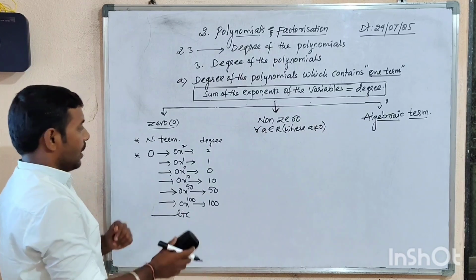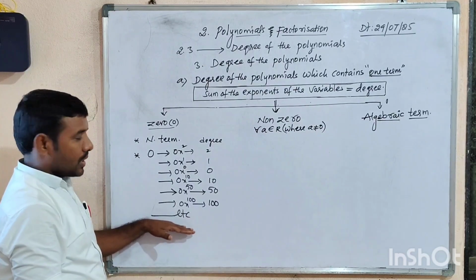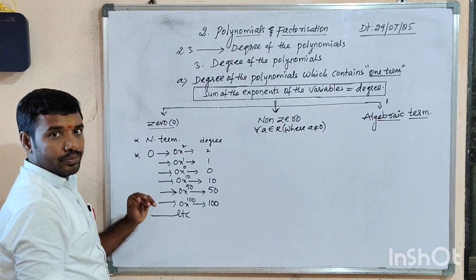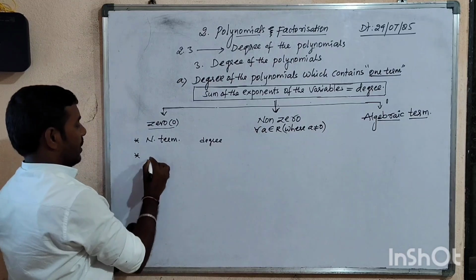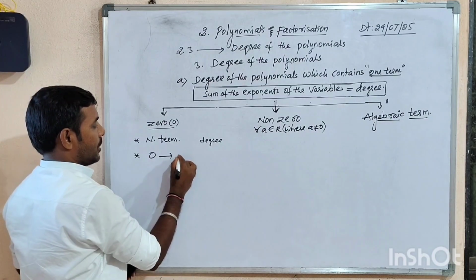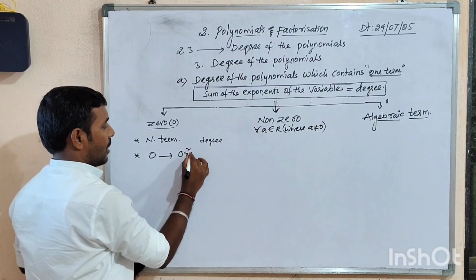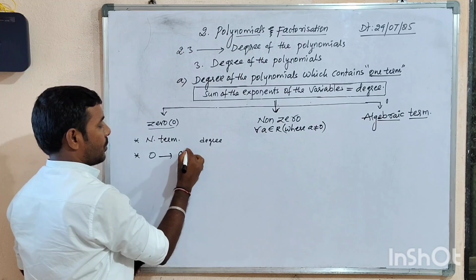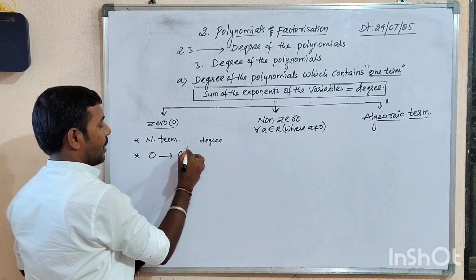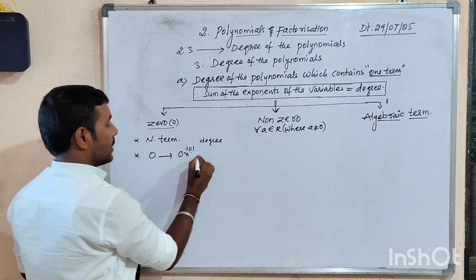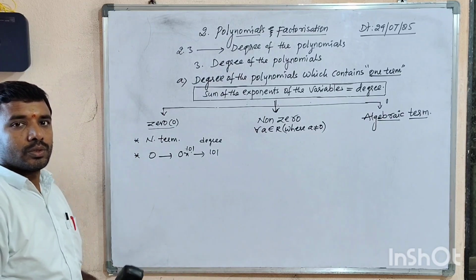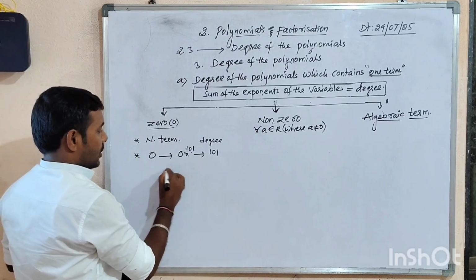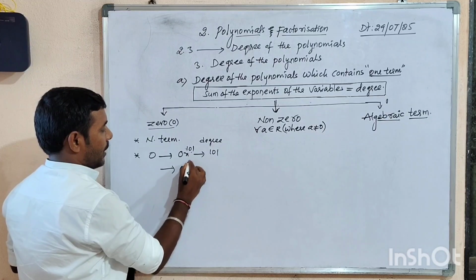I think you understood. These are a few examples to understand the degree of 0. Observe a few more. I want to express 0 as 0x to the power of, suppose, 101. Now what is its degree? The degree is 101. Next, we can write 0 as 0x to the power of 99.